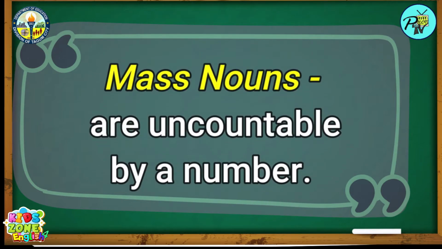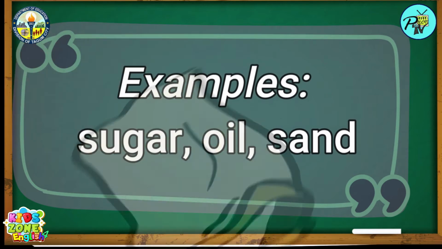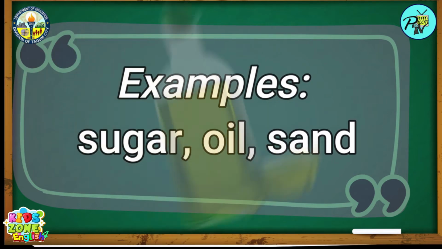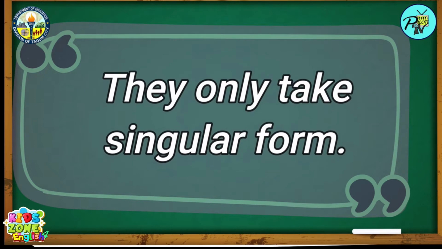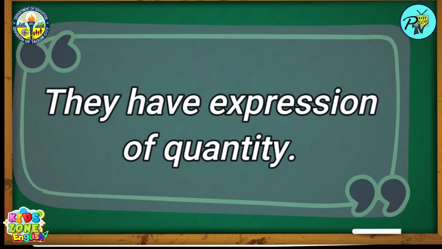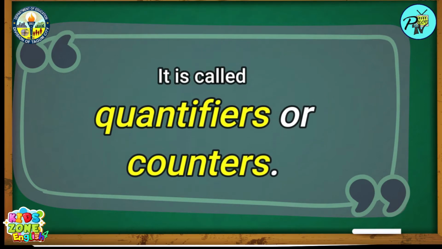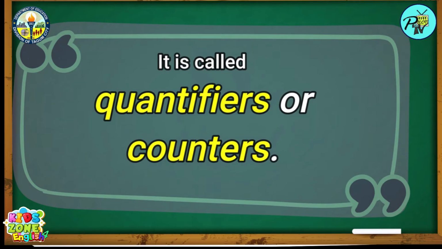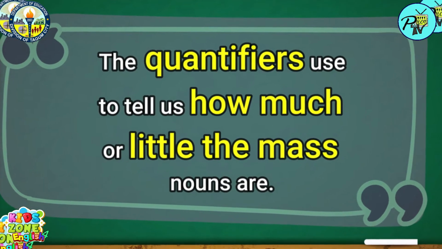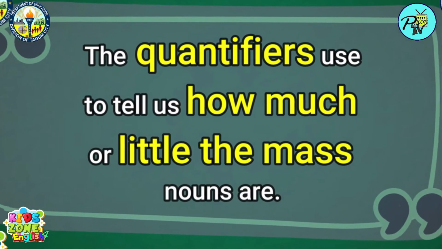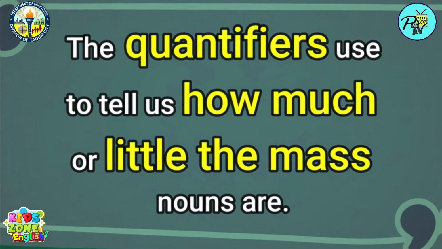Mass nouns are uncountable by a number. Examples: sugar, oil, sand. They only take singular form. They have expression of quantity. It is called quantifiers or counters. The quantifiers are used to tell us how much or little the mass nouns are.